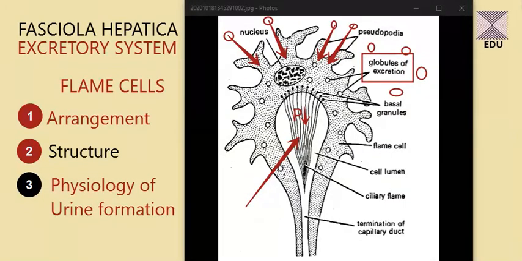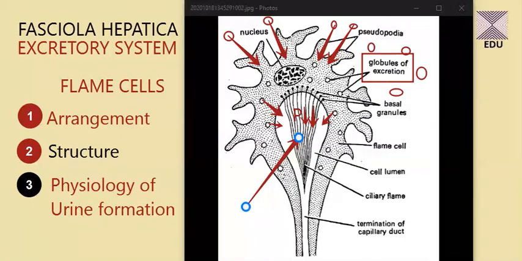So they have come inside the body of the flame cell. Further, when the pressure decreases to a lower extent, these granules come inside the lumen. So they are now coming towards the lumen of the flame cell.